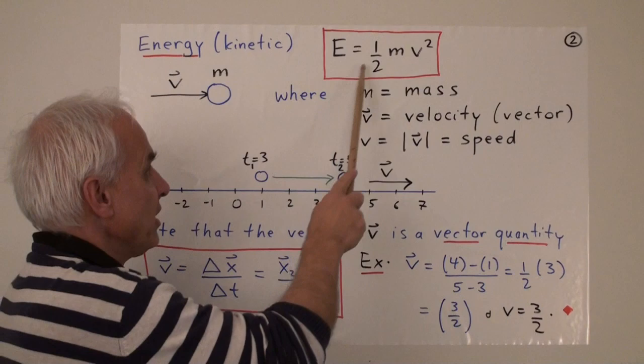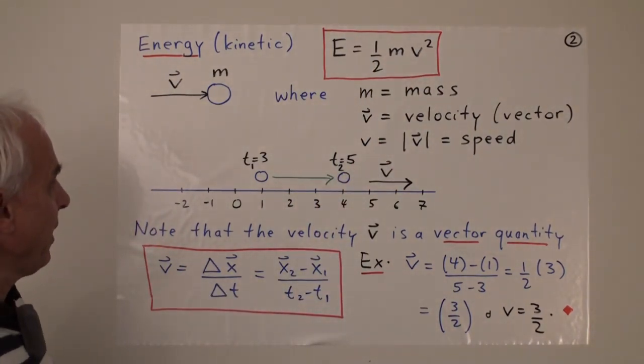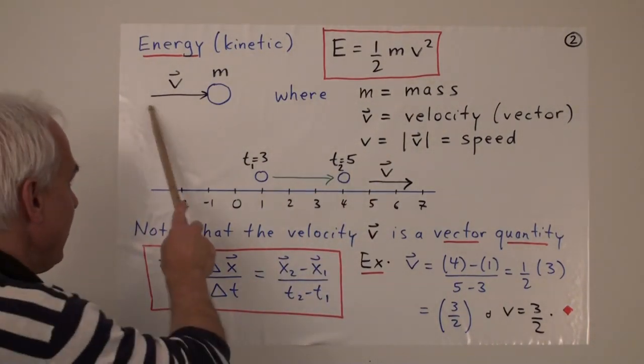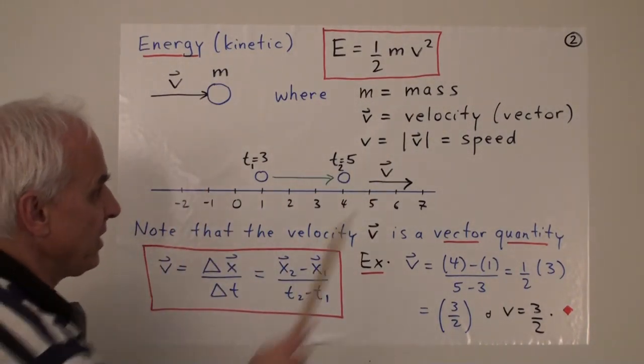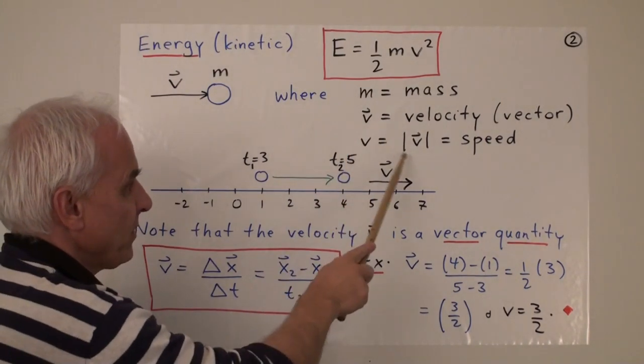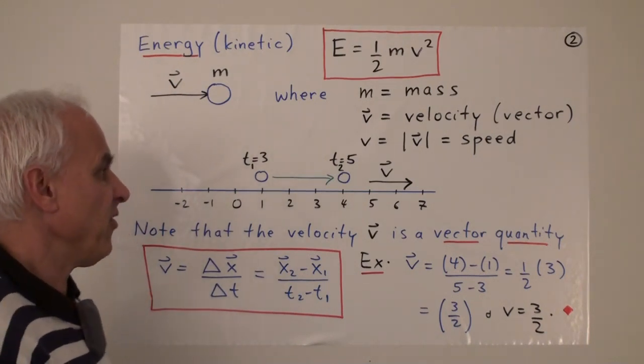So the energy is 1/2 mv squared. That's the kinetic energy. And m here is the mass of the particle, and v with a hat is the vector velocity, given as a vector, while v without a hat on it is the length of v, or what's usually called the speed.